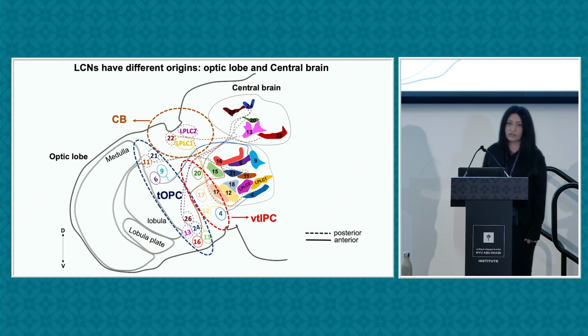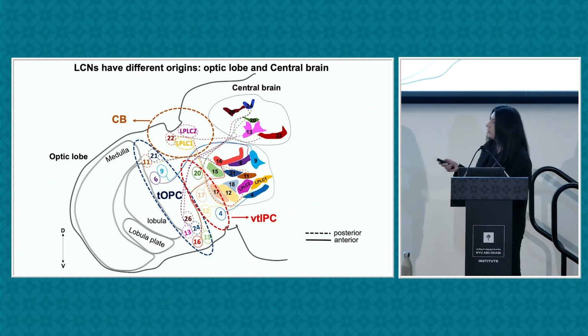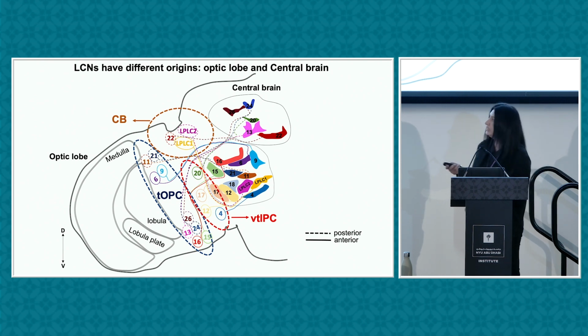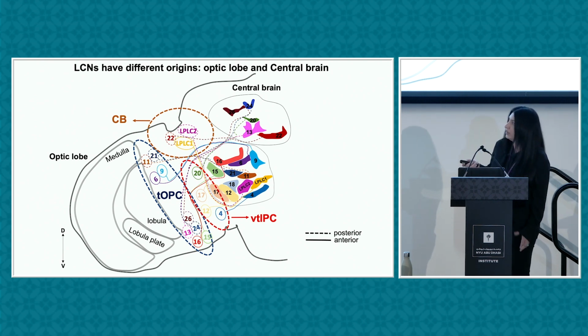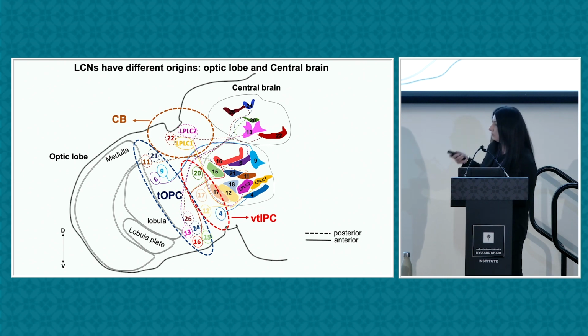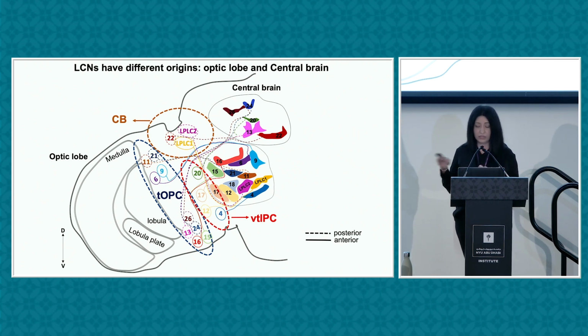So these neurons do not have an optic lobe origin, yet they come from the central brain. This is very interesting and unique because, to our knowledge, it hasn't been shown before that a single subtype of neurons that converge onto a location in the brain have such heterogeneous and diverse origins.